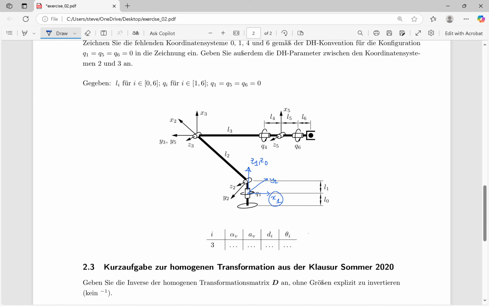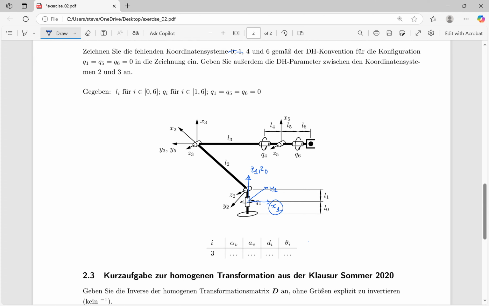Okay, now we have 0 and 1 done. Let's move to axis 4, and this is where the trap comes in. We know that z4 is along this direction, this line right here.